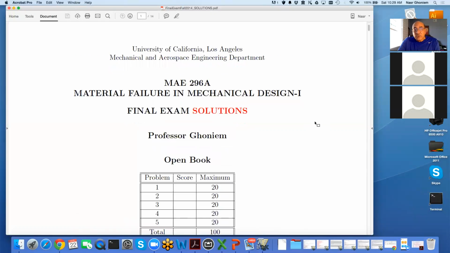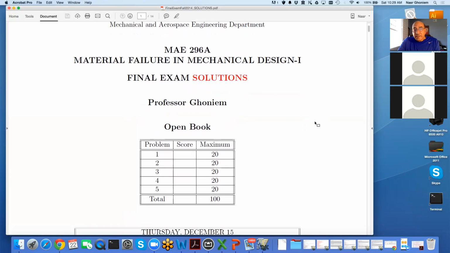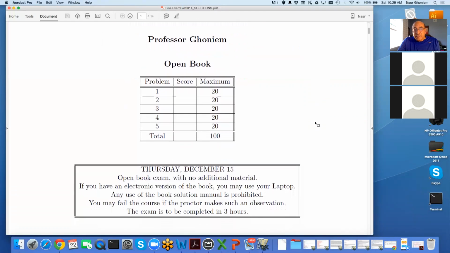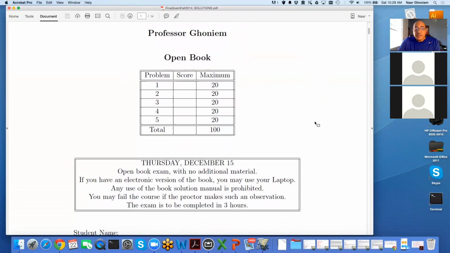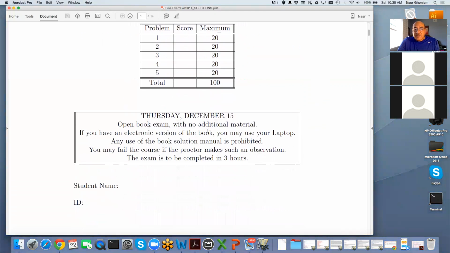So I just want to go over some of the questions to give you a feel of the level of problems, or the focus at the end. It says here it's a book exam with no additional material, but we discussed that your notes are okay.